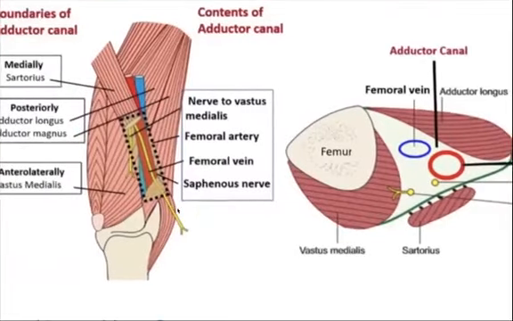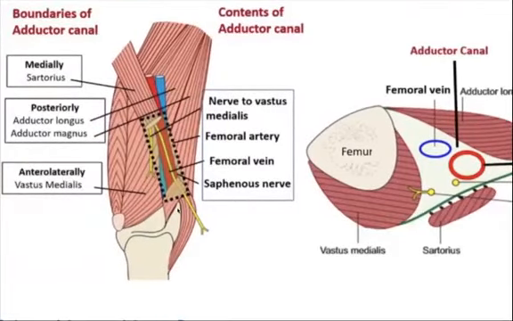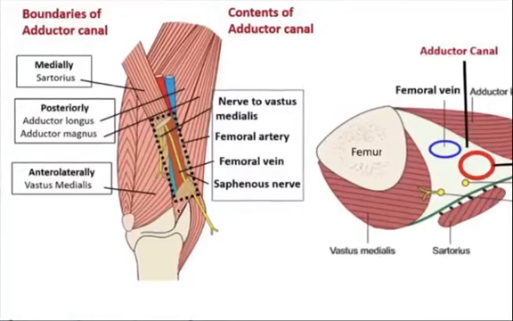Next, you have to know the surface marking of the adductor hiatus. Everyone, remember the adductor tubercle. It is on which side? On the medial side, on the medial condyle at the end of the femur.